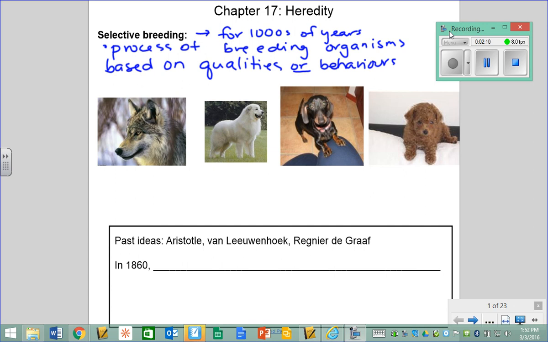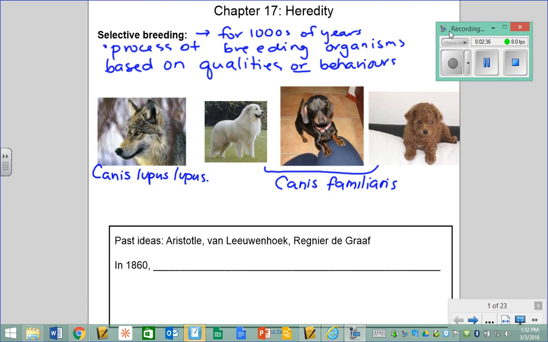So I'm showing an example here of a wolf. So this is Canis lupus lupus. It's a wolf. And a wolf is in the same family as these three things, which are all Canis familiaris.